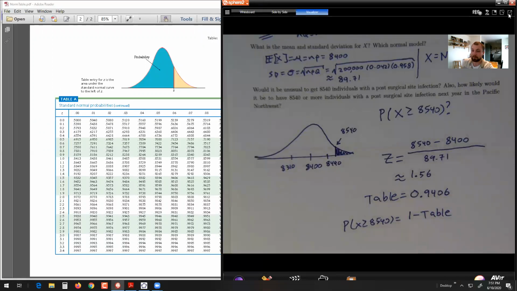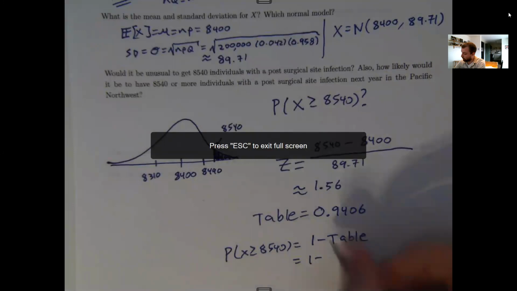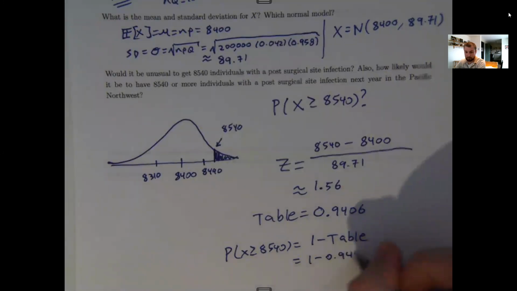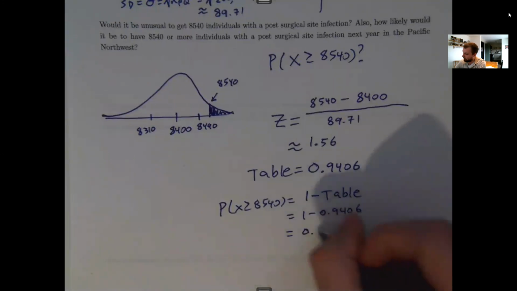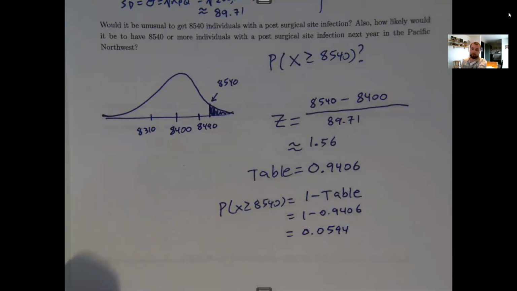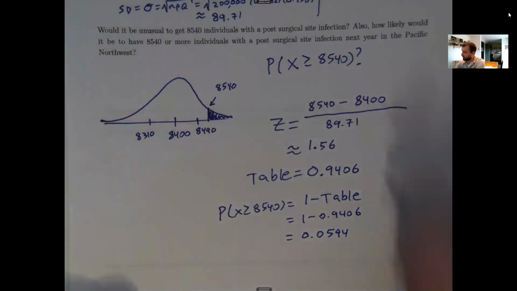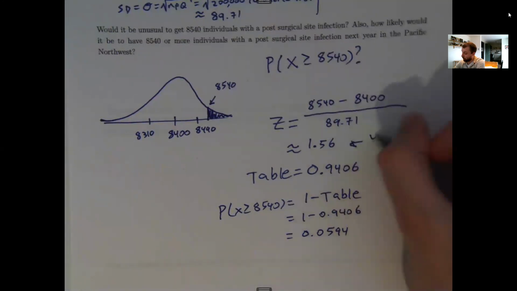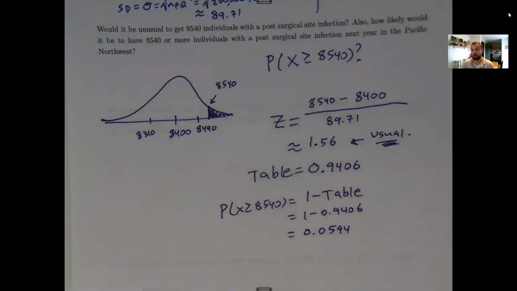It's shaded to the right, so I want 1 minus this for my answer. 1 minus 0.9406 is giving me an answer of 0.0594. So would it be unusual to get that many infections? No, it's usual. It's within 2 standard deviations. And I should expect it to happen close to 6% of the time or so.